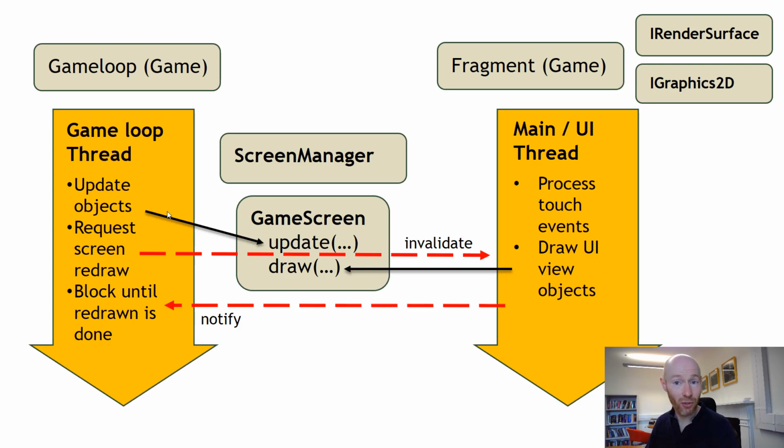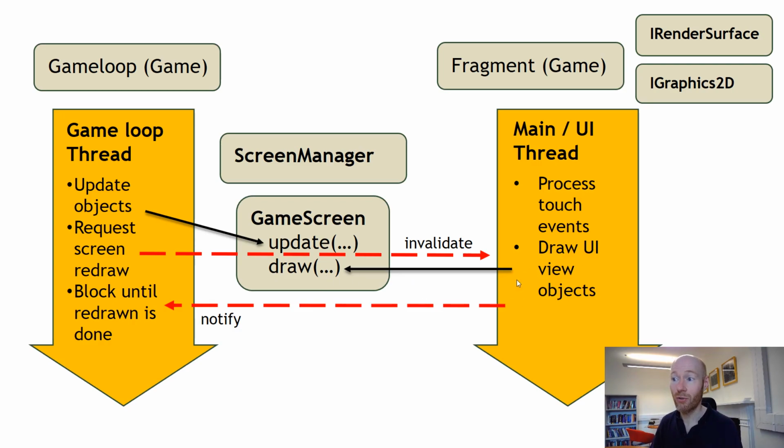When it's finished doing its update, we will then send our request. We'll post and validate, and that'll be a request across to the main UI thread to draw out the UI objects. In this case, we've got one full screen view object, so it's drawing out a single object, the full screen view. The UI thread is also going to go to the screen manager, get the current screen, and say, I want you to draw yourself.